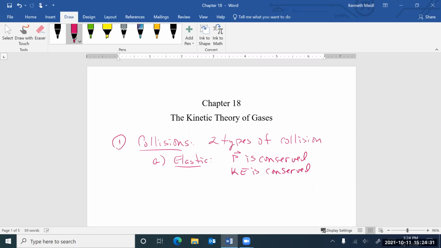two atoms, at the regular normal speeds that we live at, and in fact the temperatures that we live at, because it's going to end up here that temperature is almost the same as speeds, two atoms really don't hit each other.